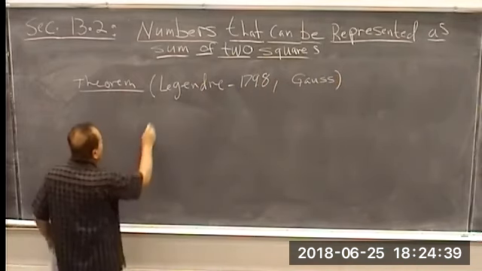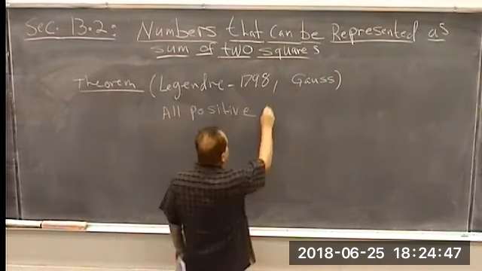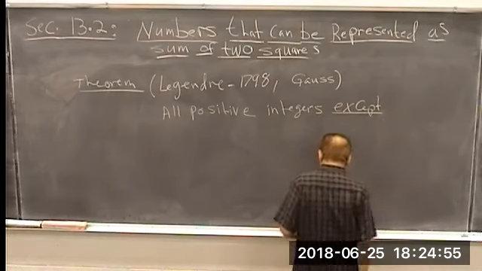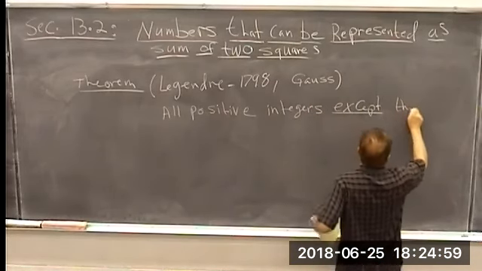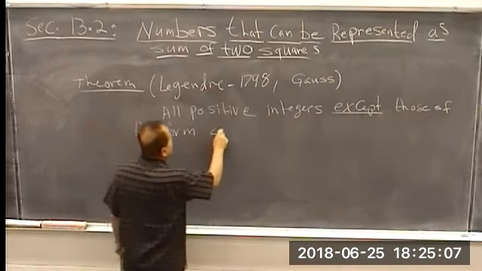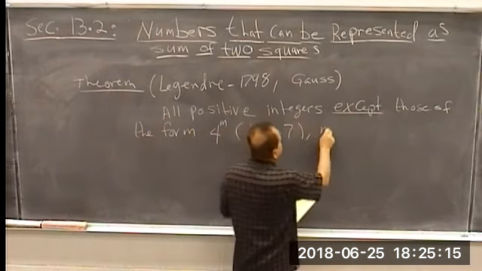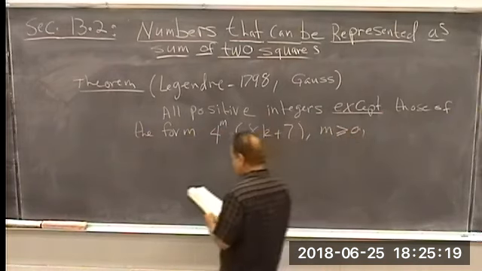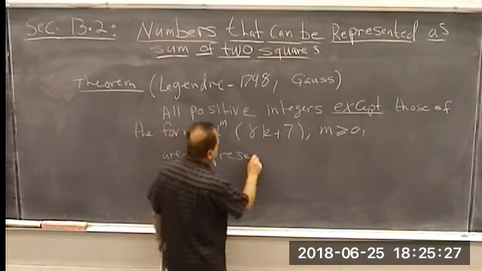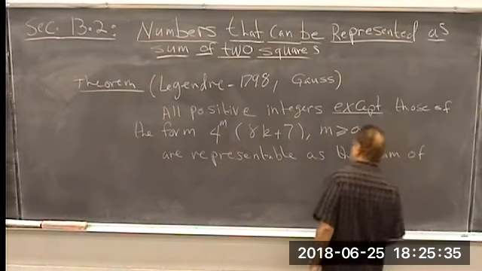And it says that all positive integers except those of this form, 4 to the m times (8k plus 7), with m greater than or equal to 0, are representable as the sum of three squares.